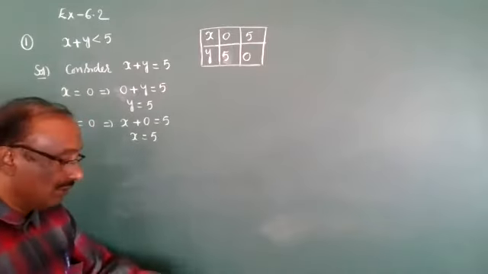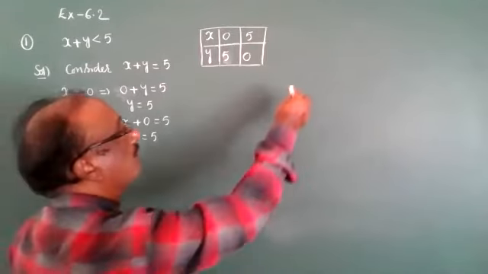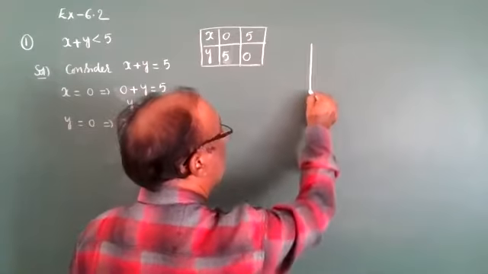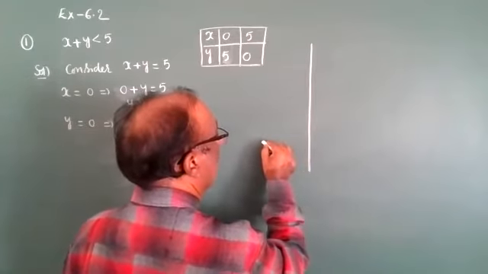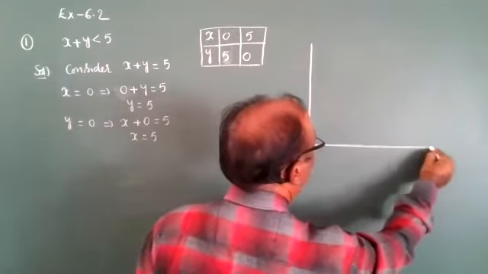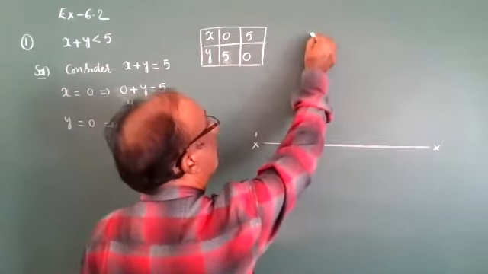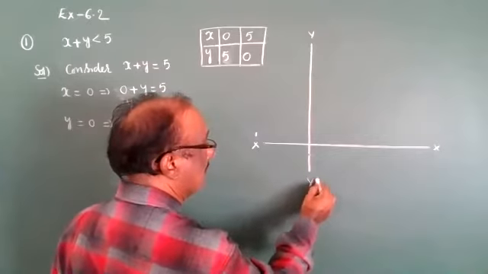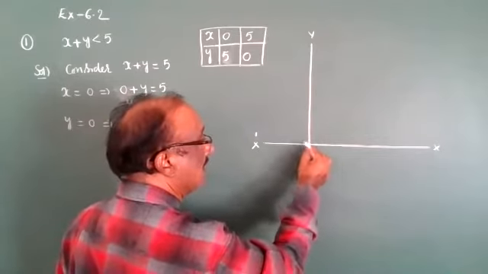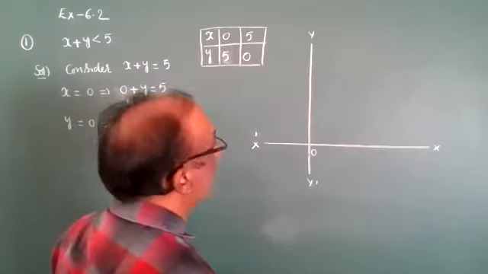Next, what we are going to write is draw the graph. Everyone, take your notes and the pencil and draw the graph. This is the x dash. This is the y and y dash. The point of intersection is the origin.